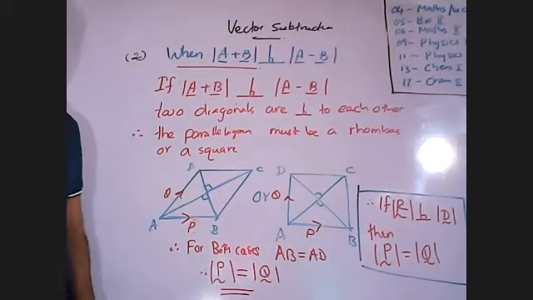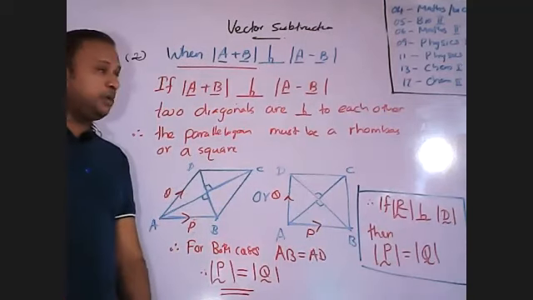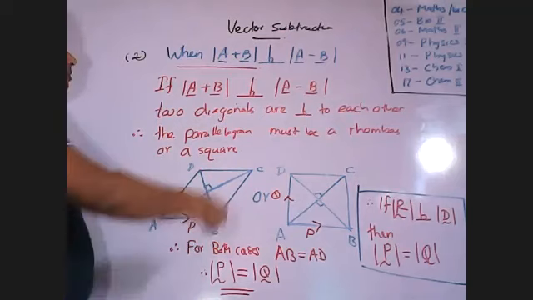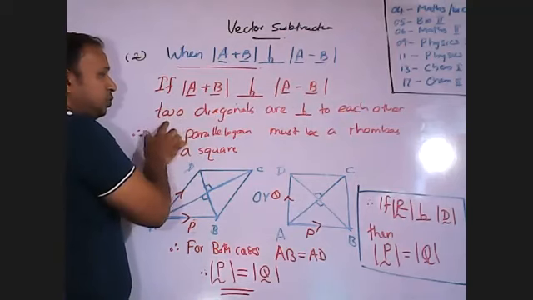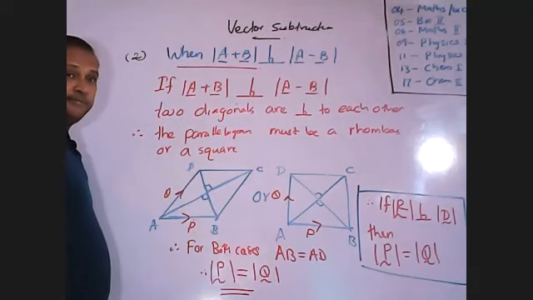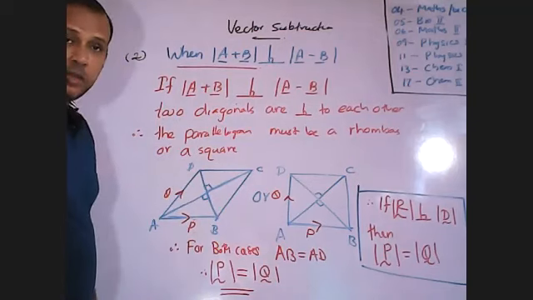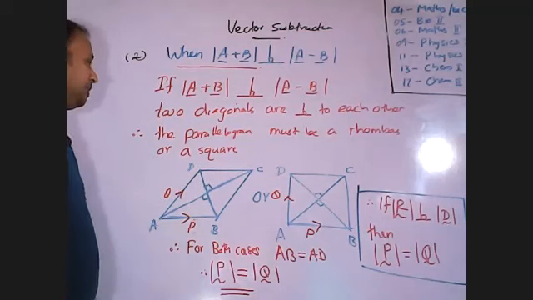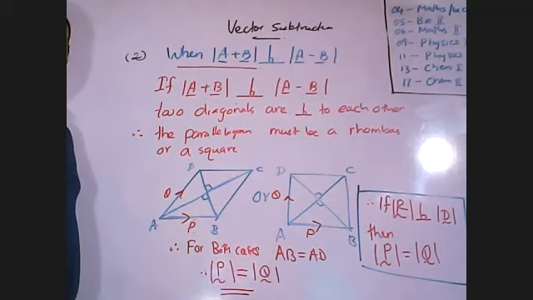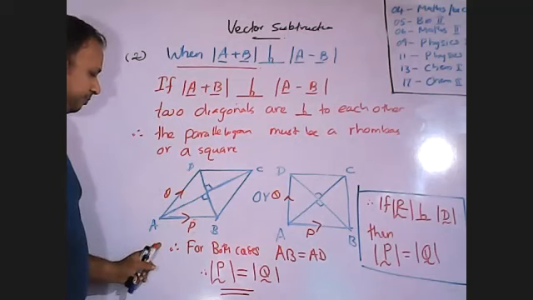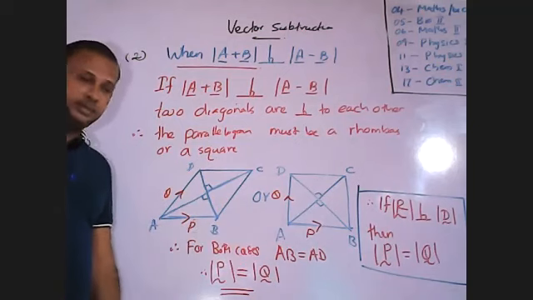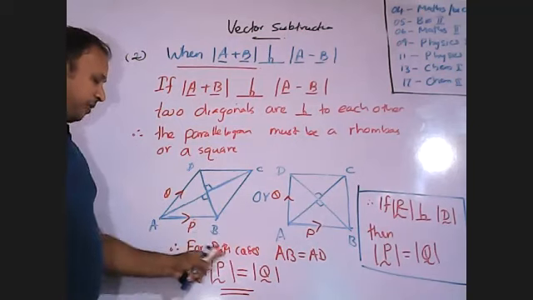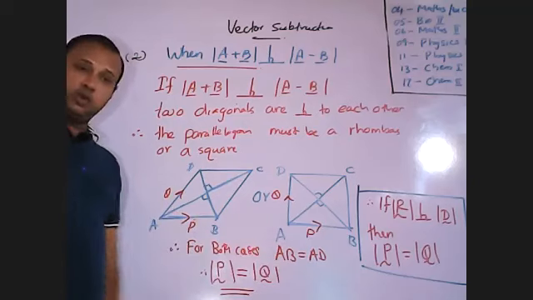Okay, the second thing: when A plus B is perpendicular to A minus B, if A plus B is perpendicular to A minus B, two diagonals are perpendicular to each other. Therefore, the parallelogram must be a rhombus or square. Therefore, for both cases, AB should be equal to AD.